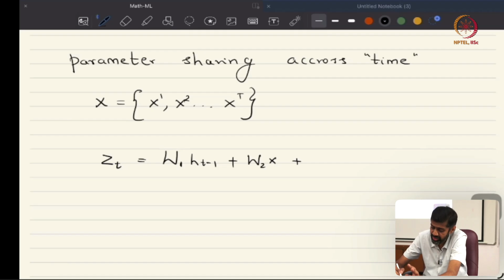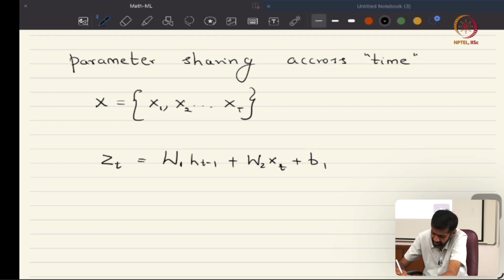Do you mind if I switch this notation from superscript to subscript? We have been using subscripts to denote data points, but for the recurrent architecture I will use subscripts to denote the temporal index. Please note this change, otherwise it will confuse you.